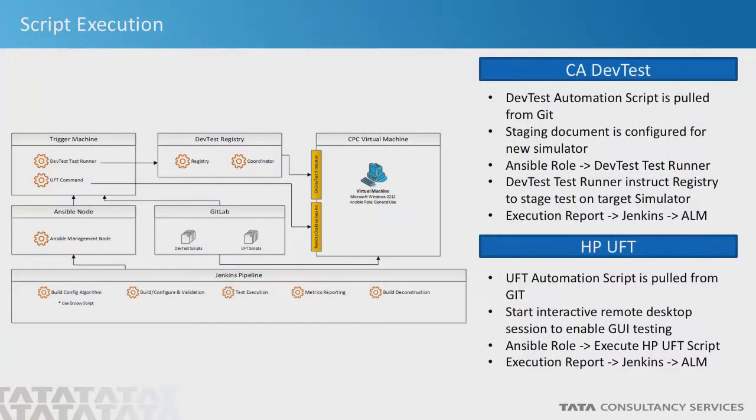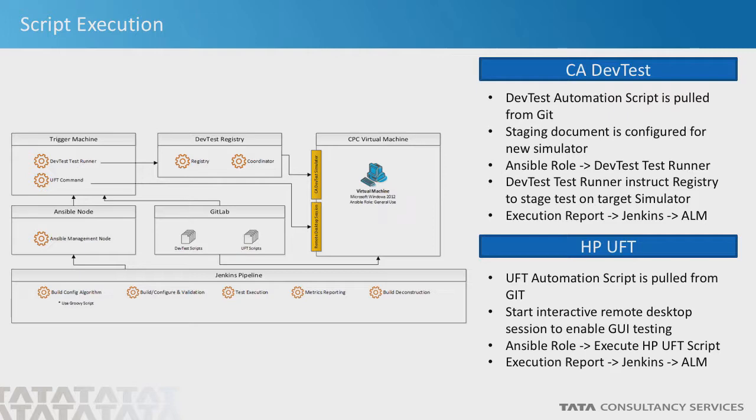So once everything has been validated and we're ready to execute, we have a trigger machine. It's a centralized machine that Ansible will interact with and is responsible for triggering the automation scripts. So for DevTest, every time we install DevTest server, it comes with a service called Test Runner.